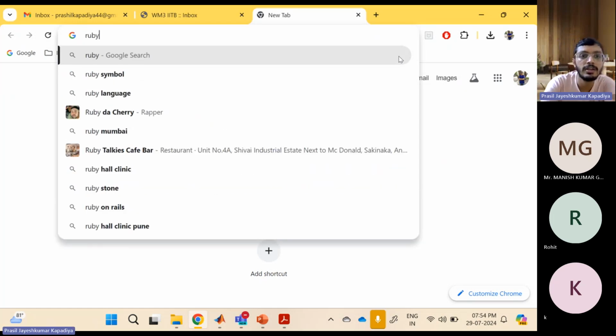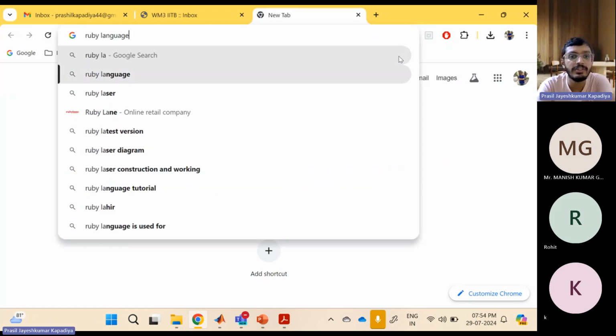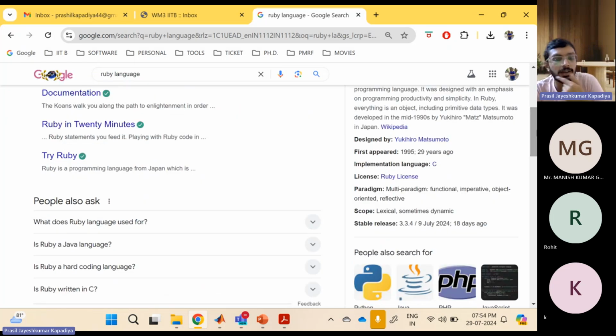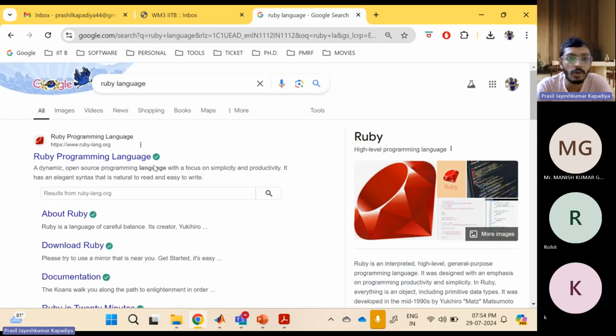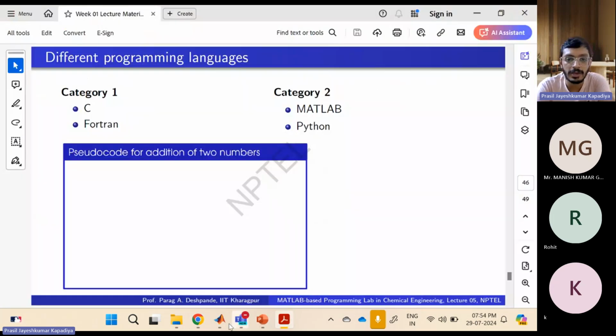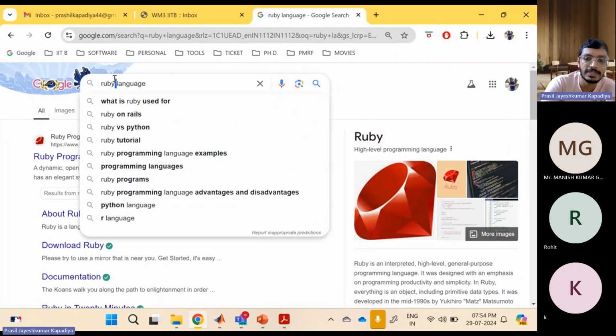Ruby language. It's an open source programming language which focuses on simplicity. So I guess this is an interpreted language, not the other one. The other one was Swift. No, Swift is not an interpreted language. Swift is a compiled language like C and C++.